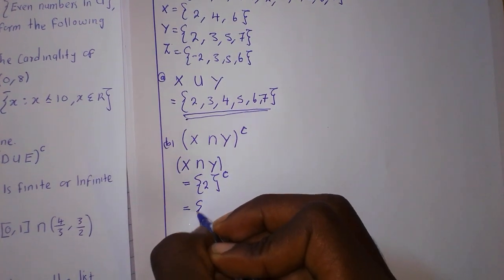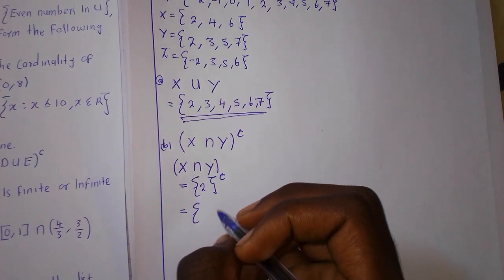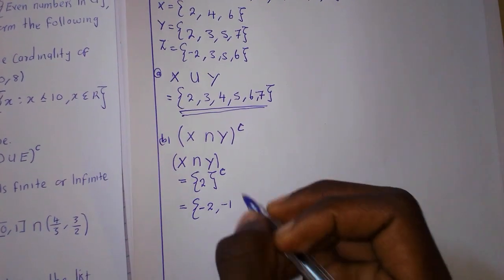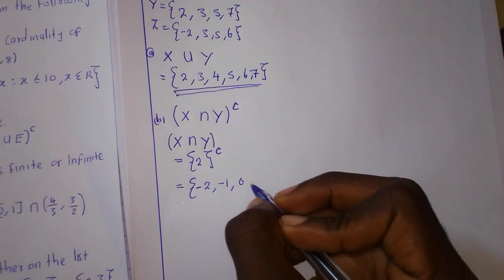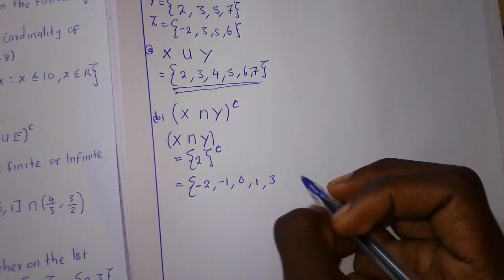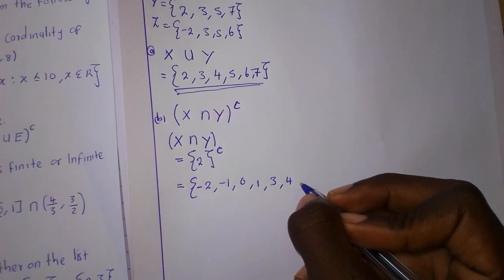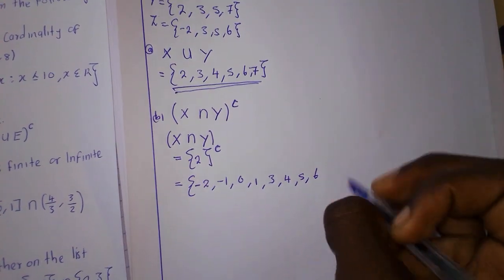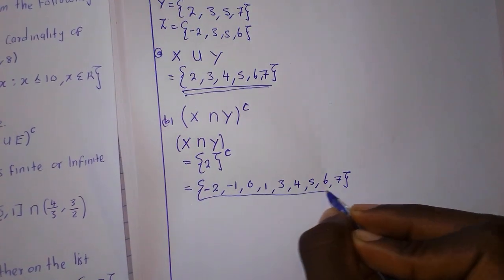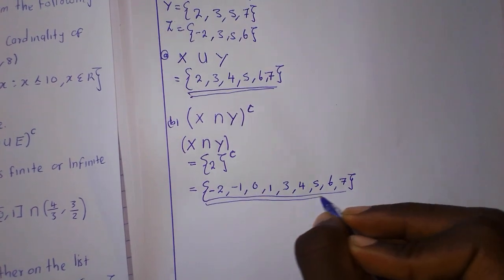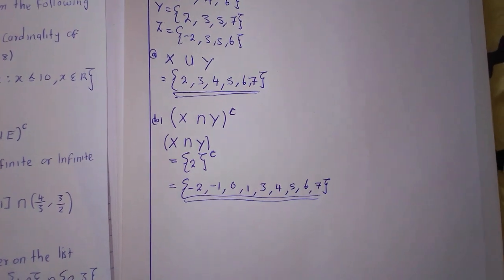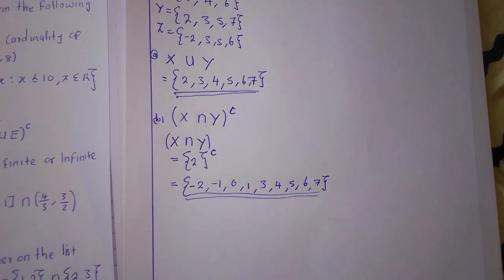So we are going to remain with -2, -1, 0, 1, 3, 4, 5, 6, 7. It's quite simple. Very, very simple. So this is how you do this set operation.